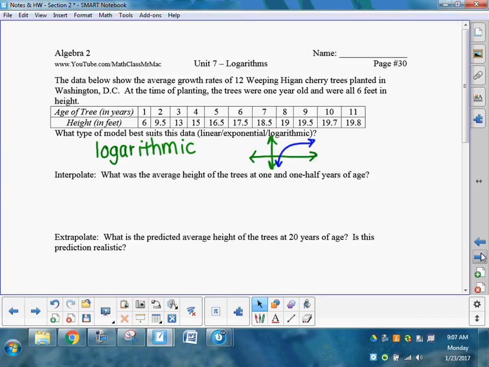Yeah. Now here's what I need you all to do. Create a new doc right now and plug this data in. And label it accordingly so you've got the age and the height.